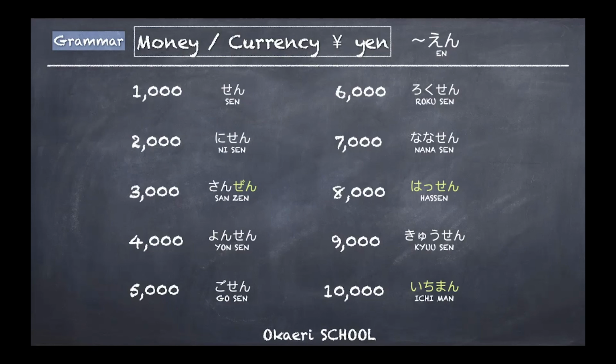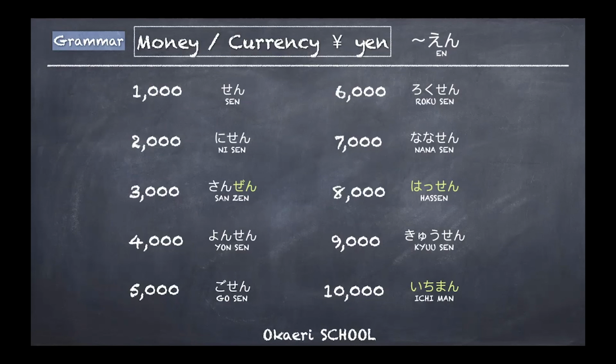You use 1,000 still in English, but we have a different name for 10,000, which is man. So here we need 1 man. So 1万. 1 means 1, right? So 1万, that's 10,000 in Japanese.